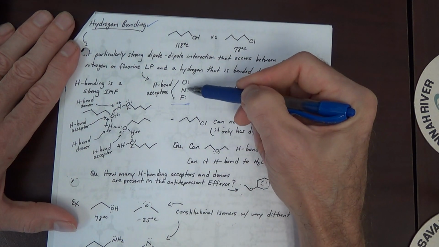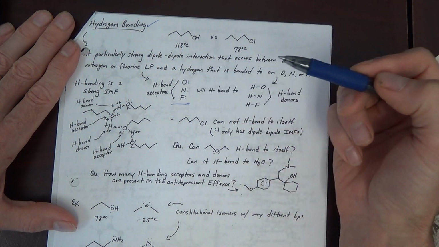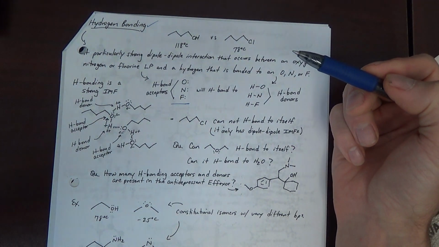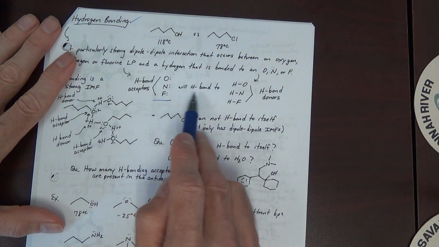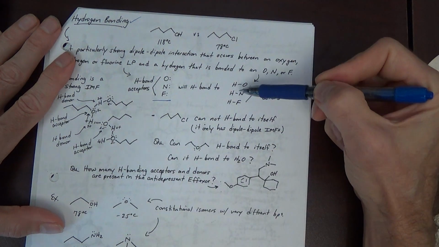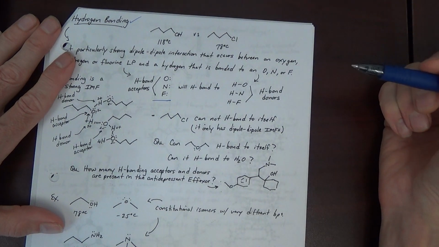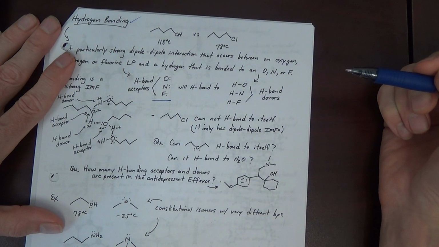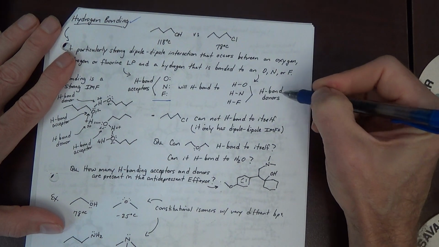These three, largely because these are the most electronegative atoms that we'll be working with on the periodic table. Now, these lone pairs will form a hydrogen bond to a hydrogen that is on an O, N, or F. And the H that is on one of these atoms is called the H-bond donor.